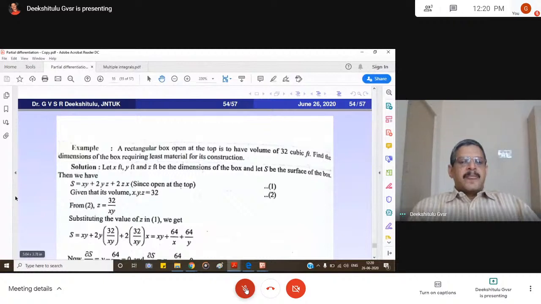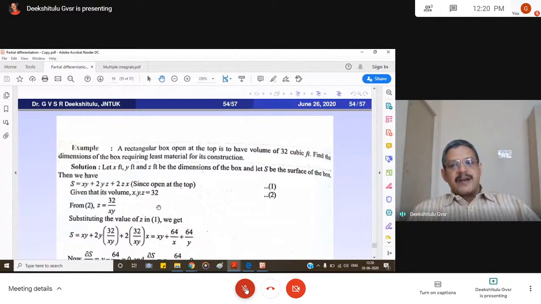So this is the surface area, and we have to minimize this surface area. Least material means the surface area must be minimum. But the volume of the box must stay the same, 32 cubic feet. So xyz is equal to 32, so z is equal to 32 by xy.